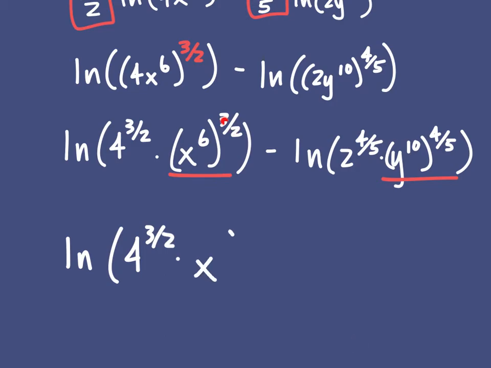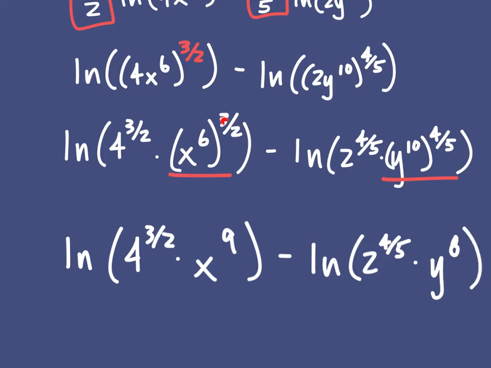So this is x to the 9th, and then minus the natural log of 2 to the 4/5, leave that there for now. And then this is going to be 10 times 4 is 40, divided by 5 is 8. So you get y to the 8th. All I'm doing is multiplying these two numbers. When you get a power raised to a power, you can multiply.